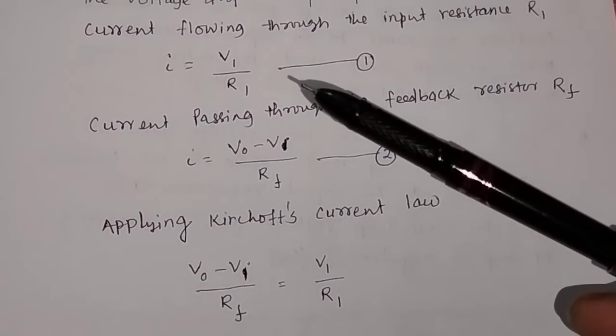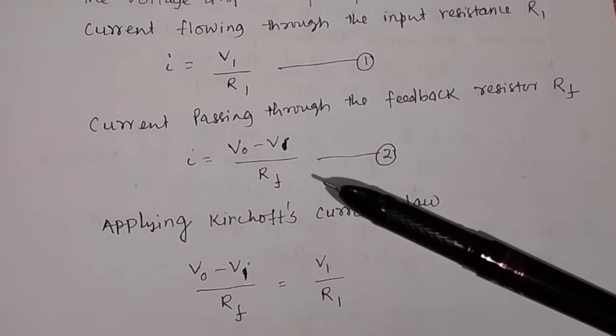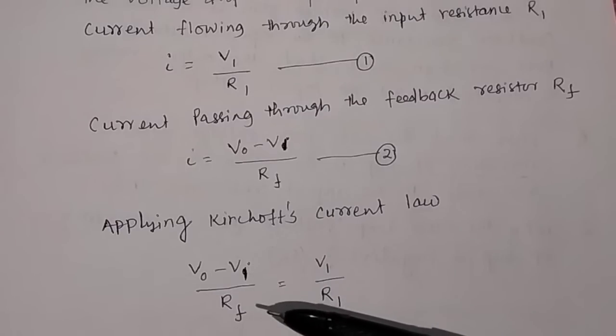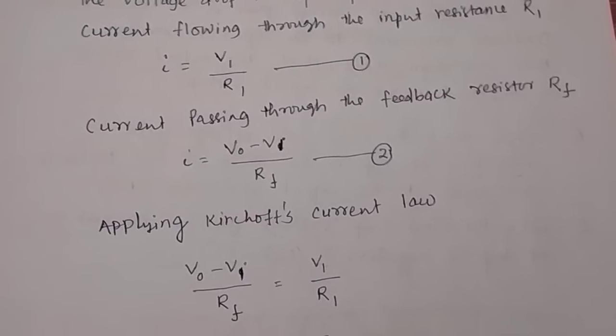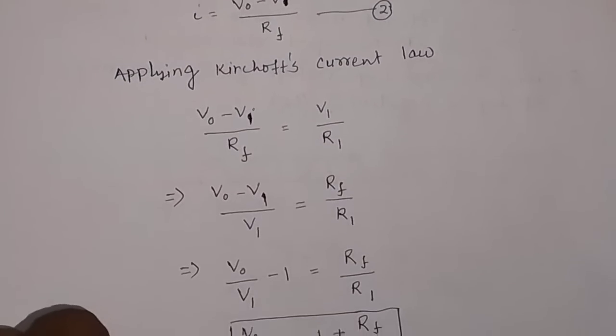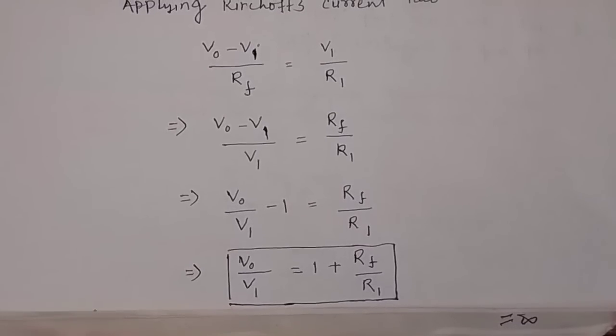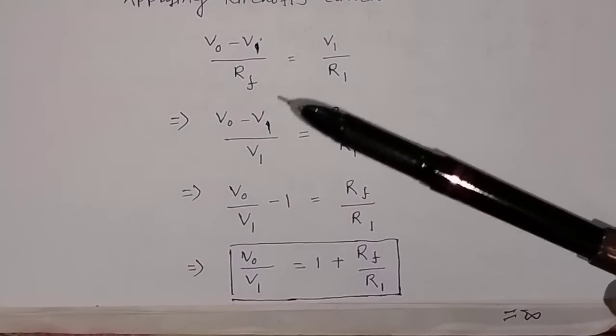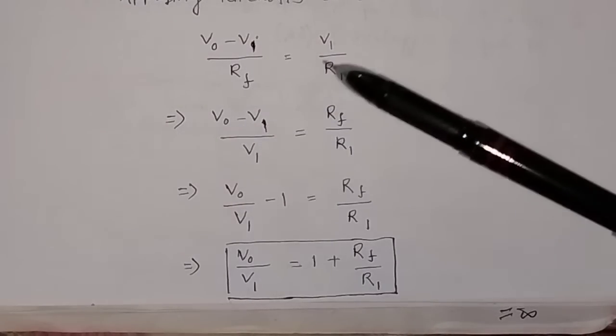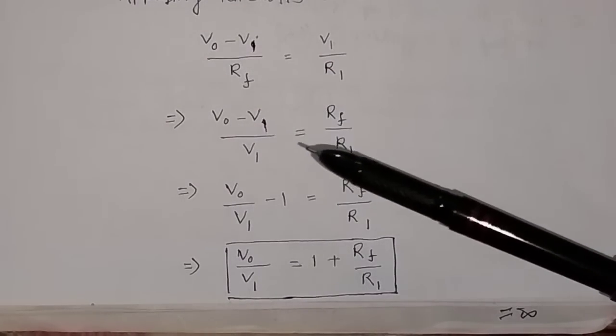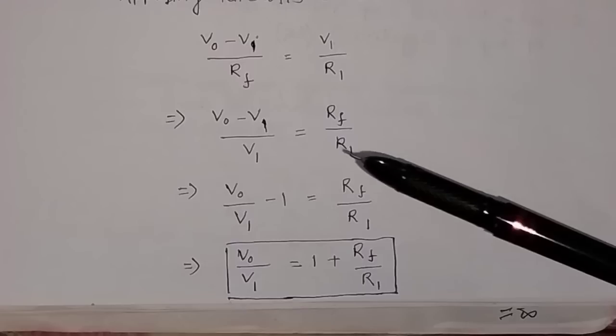From this equation V1 by R1, and from this equation V0 minus V1 divided by RF. So you solve this equation. If you solve it, then V0 minus V1 divided by V1, taking V1 to this side, will be equal to RF divided by R1.